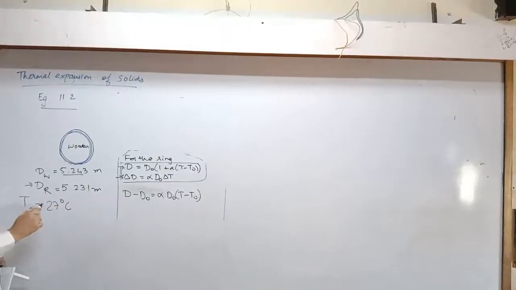So this is like our reference temperature. So from this we should increase it. To what temperature should the ring be heated so as to fit the rim of the wheel? It's clear that we increase it to this size, and it fits only then, not before.